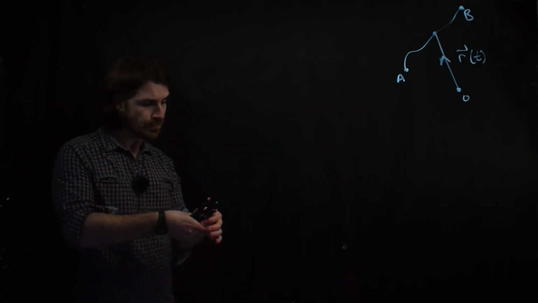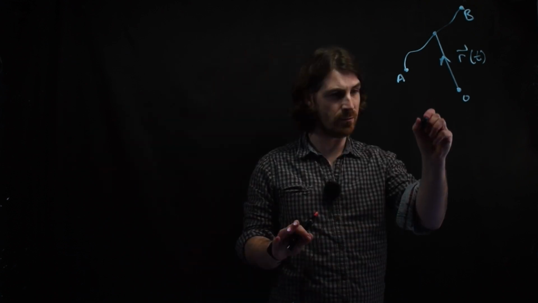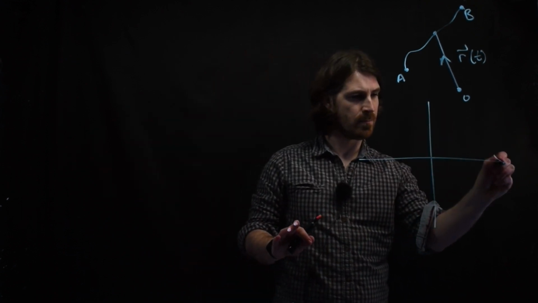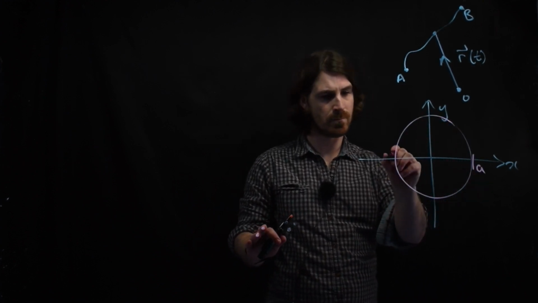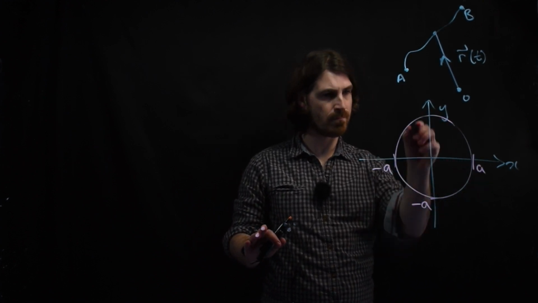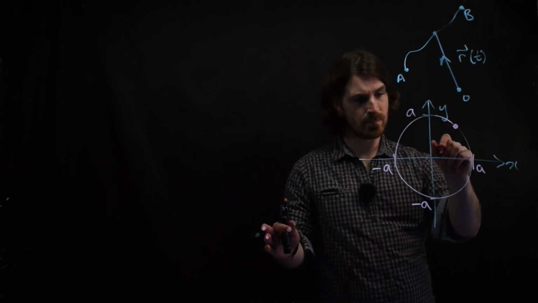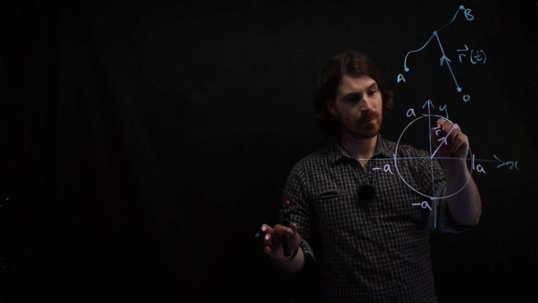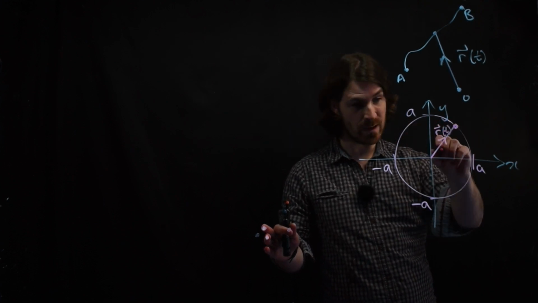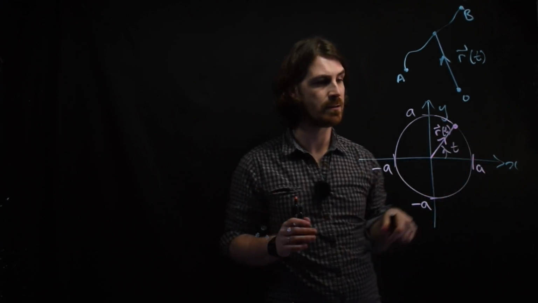Okay? And we saw an example of a circle of radius a. Each point on the circle is given by some vector r of t, and t we said was the angle between this vector and the x-axis.